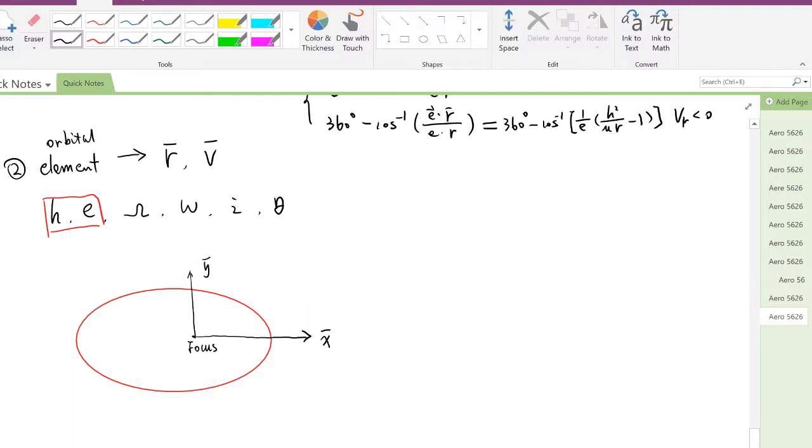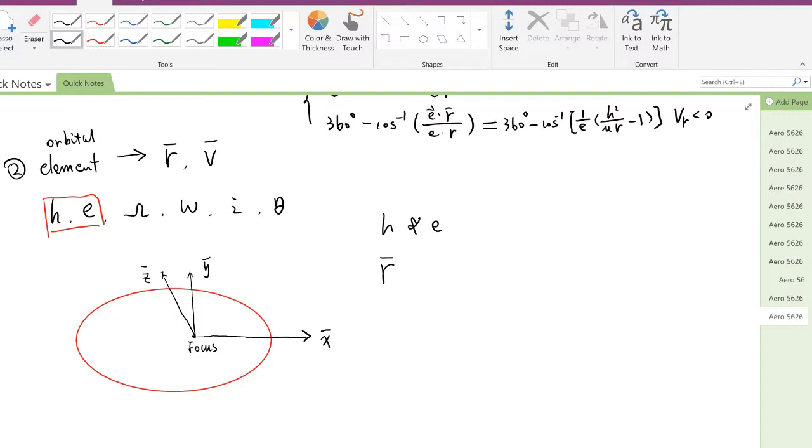y bar, and also we have the unit, which is the small z bar. So in the orbital plane, just from h and e, we can find out a vector r in the orbital plane, or we call it the perifocal frame.